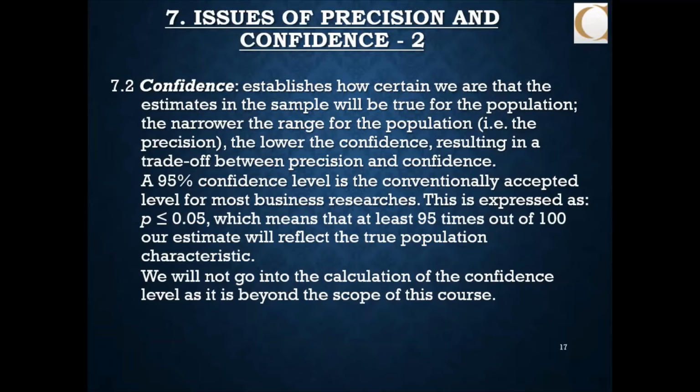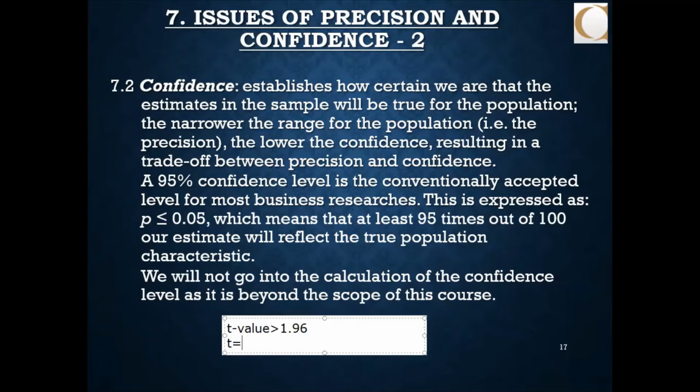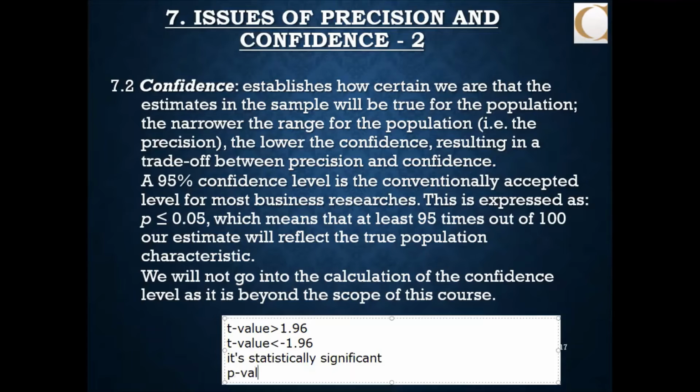If your t-value is greater than 1.96 or less than negative 1.96, it's statistically significant. That's the same as if the p-value is less than 0.05. It's statistically significant.